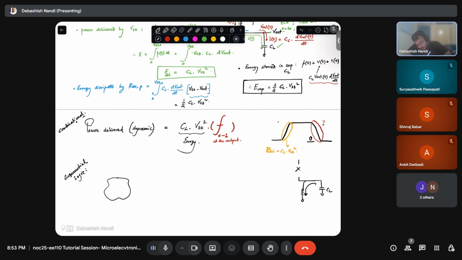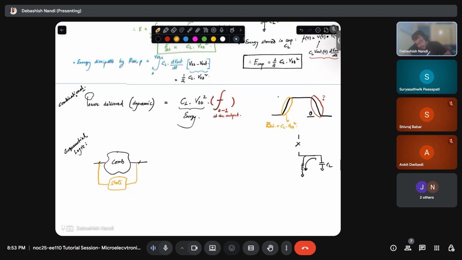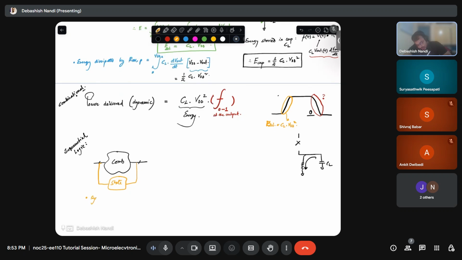A combinational logic is where some input is there and it gives just the output. But in the case of sequential logic, you will have something that stores the state and then gives feedback to the combinational logic again. So you'll have some memory action. And sequential logics are generally synchronized or triggered by clock.